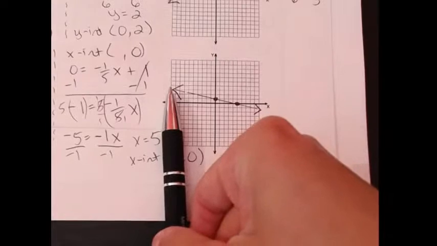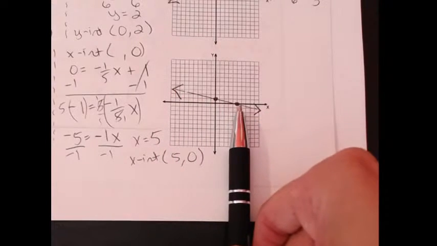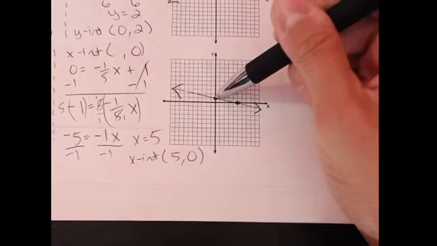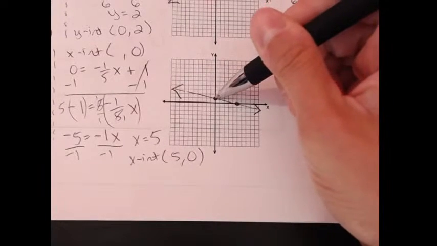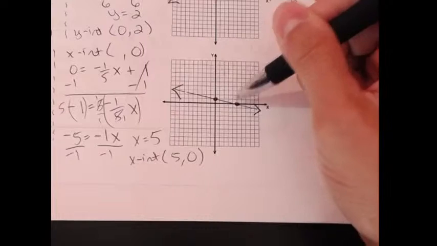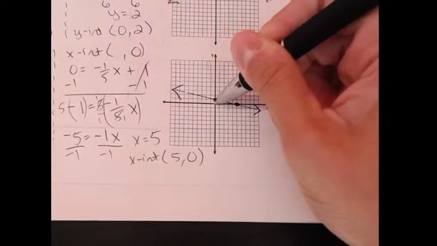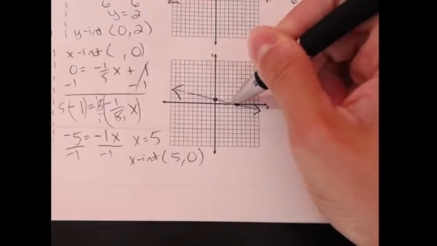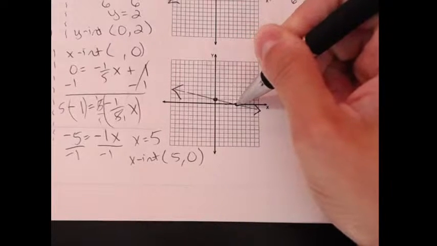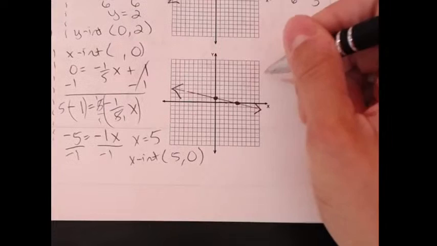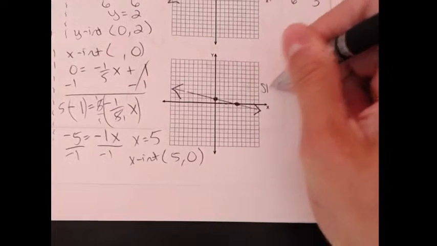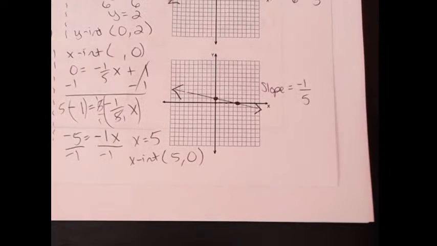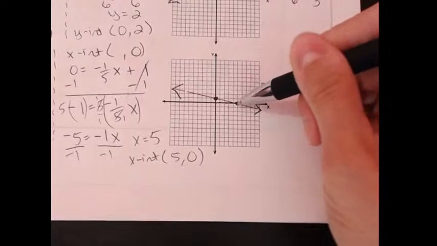So again, we want to move from the first point to the second point, right? And I'm going to call this first one here our starting point. Now I want to move from this point to this one. So I have to go down 1 and then over 1, 2, 3, 4, 5. So I had to go down 1 unit and over 5 units. We could do that again.